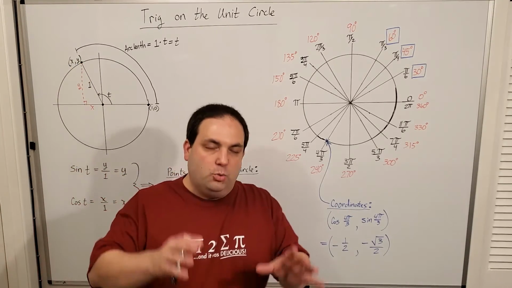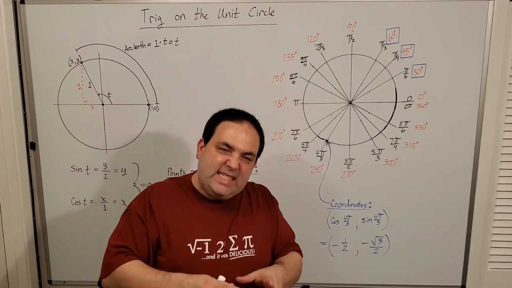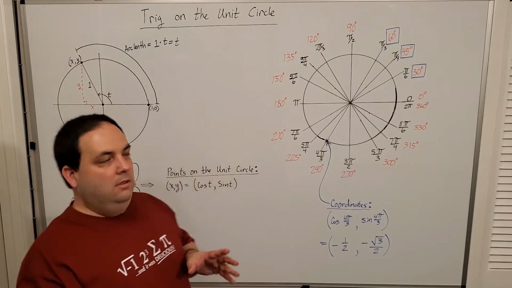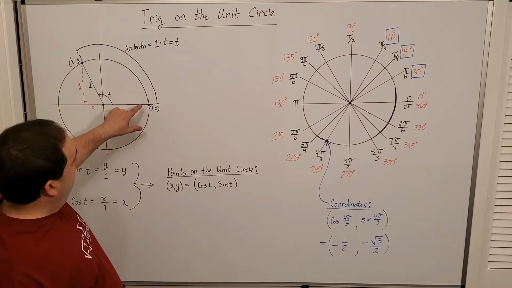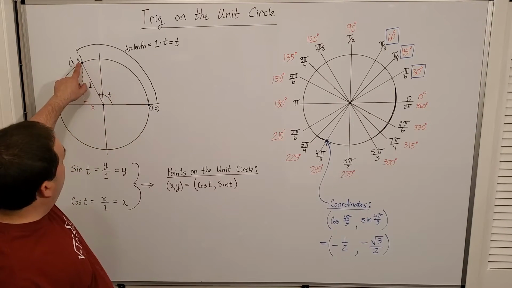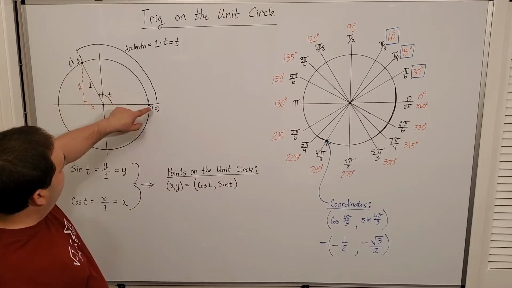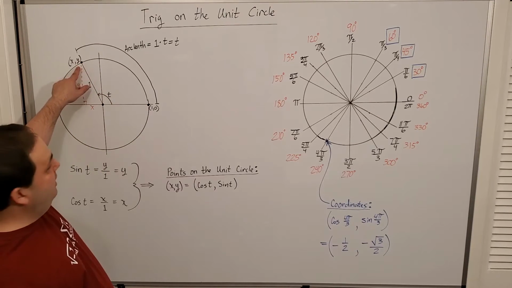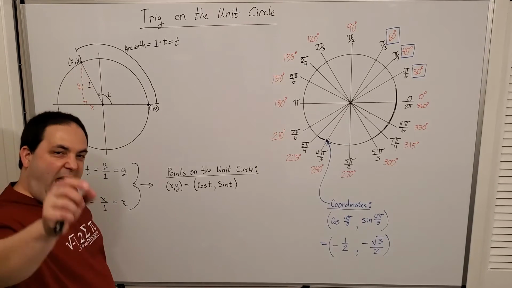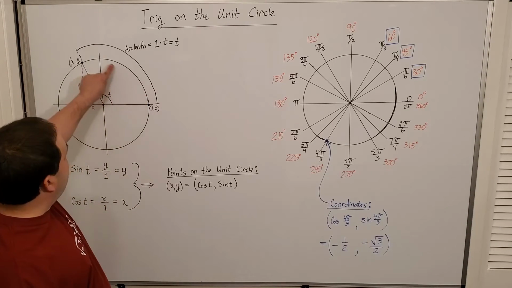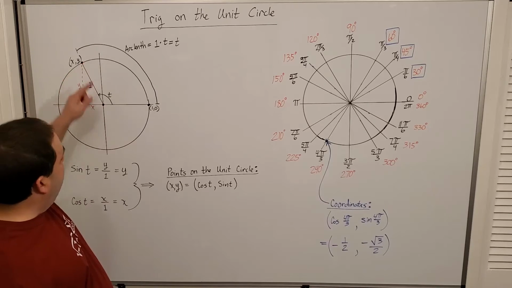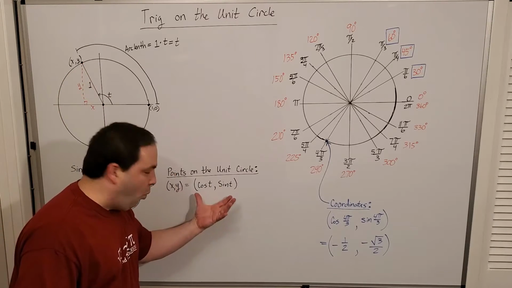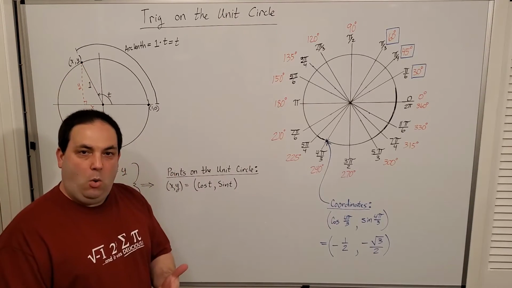So if you were actually moving a physical distance from some point all the way out to this point here, from not just some point, but 1, 0 actually, all the way out to some point over here on the same circle, that physical measurement of t distance then also gives me the coordinates of the point I'm landing on.